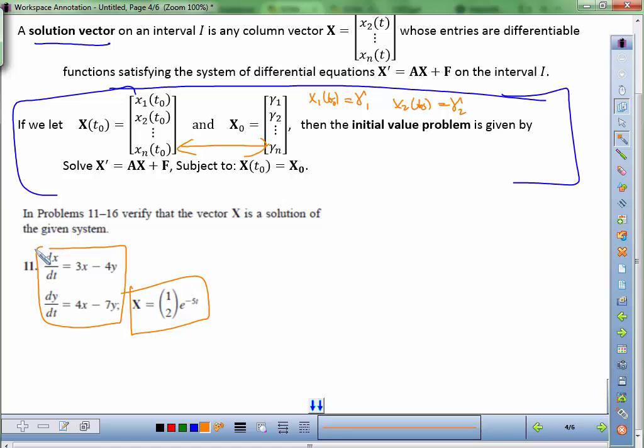For us to check if a solution is going to work, we want to write this by solving for x and y separately, and then we'll put x and y here. So let's see if we can do this problem.